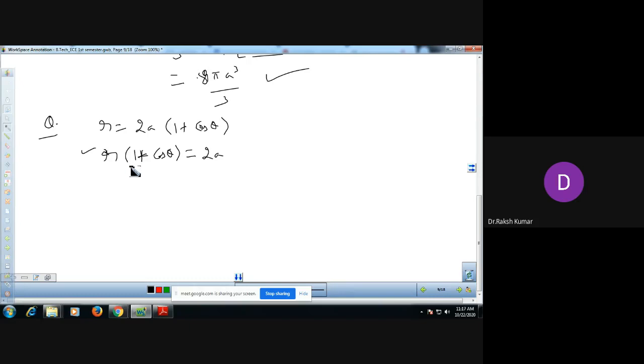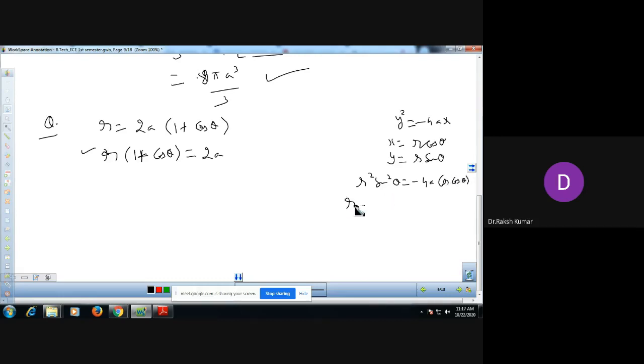But you have studied parabola in Cartesian form, x and y. Your equation was y square is equal to minus 4ax. And by using x is equal to r cos theta, y is equal to r sine theta in this, you can do like this. This is r square sine square theta is equal to minus 4a into r cos of theta.